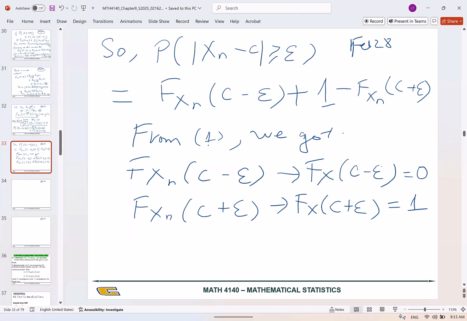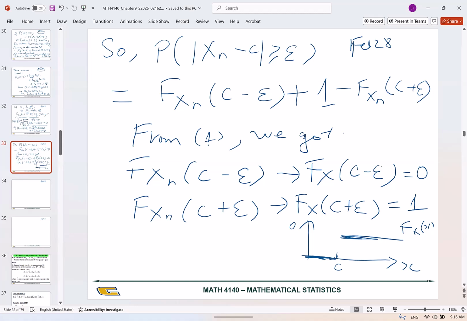The step function is like this: everything here is just 0, but here it jumps to 1. So this is how the Fx function goes. It's a step, it jumps.